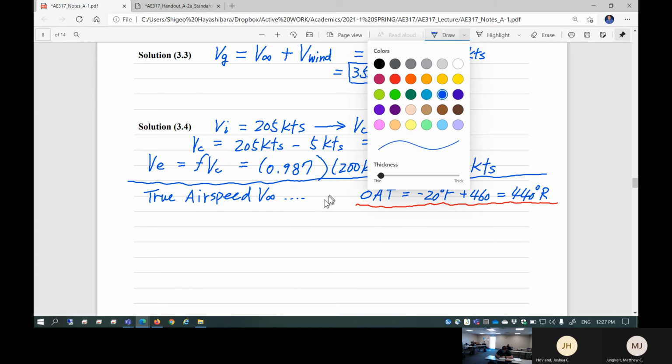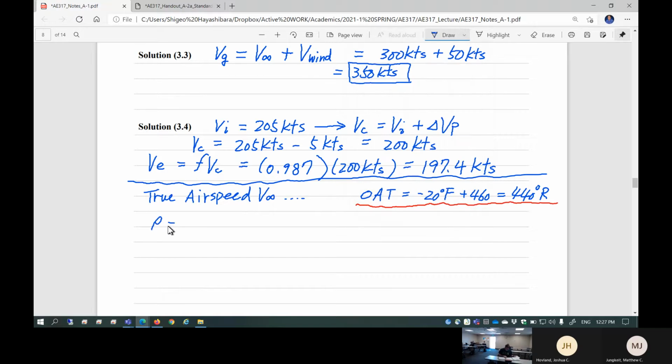Now, what's good for that? If you know temperature, you can actually compute the actual density at your flight altitude. Density is equal to pressure P divided by RT. Pressure is given, of course, you're sensing it: 973.3 pound per foot squared.